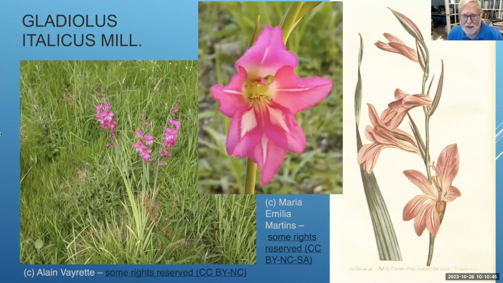Gladiolus italicus and communis and byzantinus are all names that have been given to some fairly similar plants. In the Mediterranean area, they're called the corn flags because they grow wild in cornfields, and they're sort of a pest for the people growing corn because when they plow the fields, it divides the bulbs and they have even more.